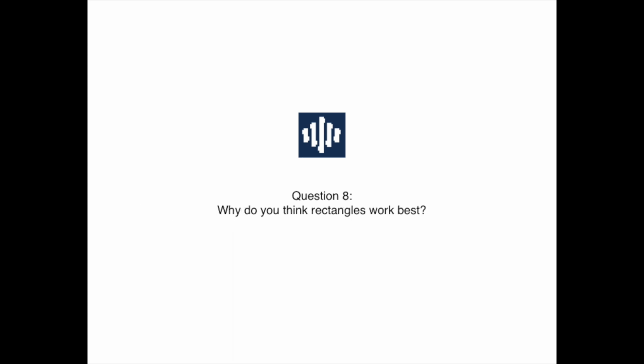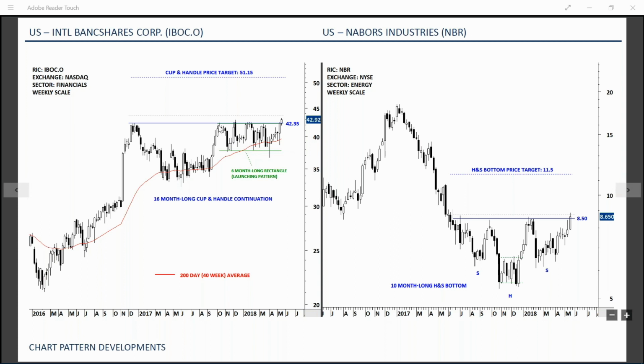Question 8, why do you think rectangles work best? Well, rectangles work best because, first of all, when there's a breakout, let's look at the 6-month long rectangle, you're taking out the previous highs. Second, the price is like a ping pong ball between the boundaries, so the demand and supply is very well defined.